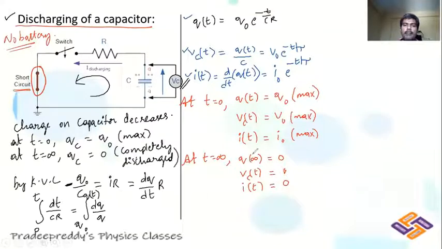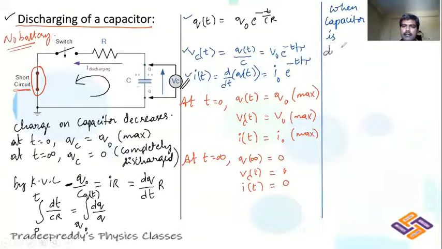Okay. Now remember that at time t is equal to 0, the capacitor acts as an open switch, and at time t is equal to infinity, the capacitor acts as a wire. Remember that in case of discharging, when the capacitor is discharging, Q initial is equal to maximum, right?